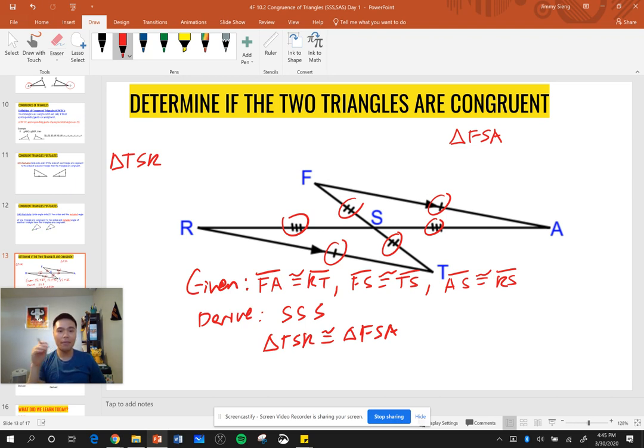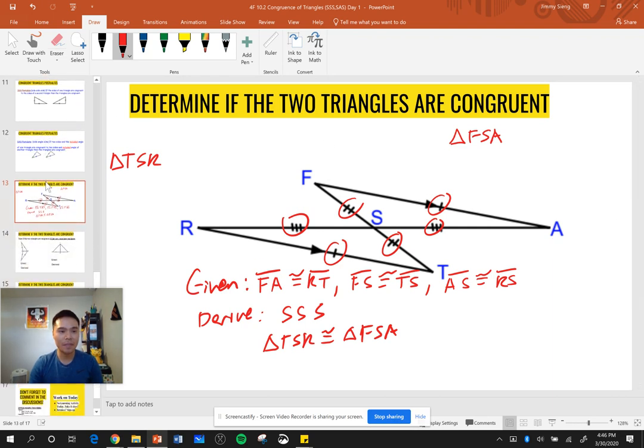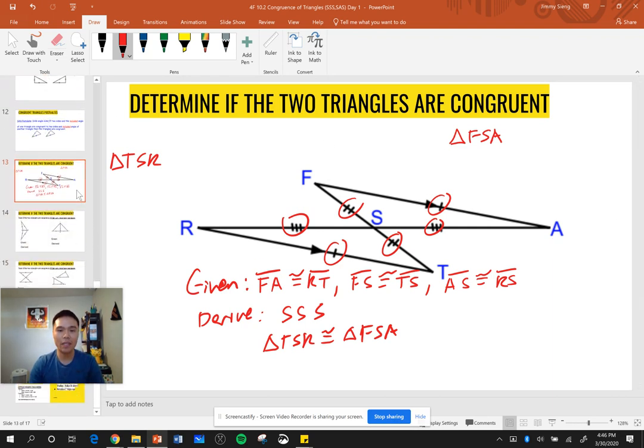And because I have three sides of that triangle, I can say by side, side, side, triangle TSR is congruent to FSA. It's a lot of work, right? You can always pause these videos, rewind them, and double check. I know I might be missing some details, so put it in the comment section if you have a question, and I can reply to you. All right, let's move forward.